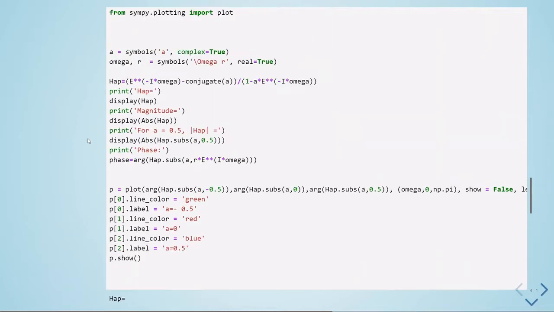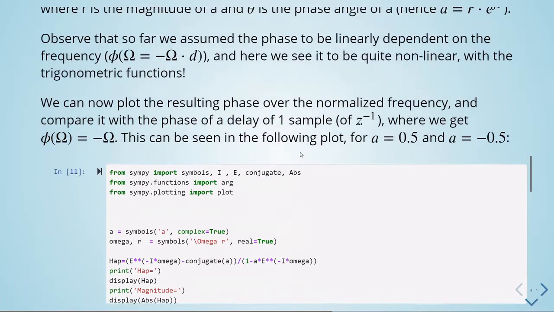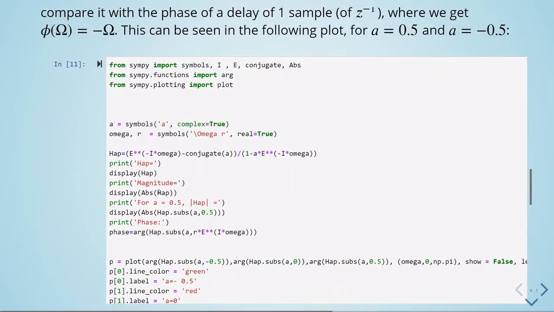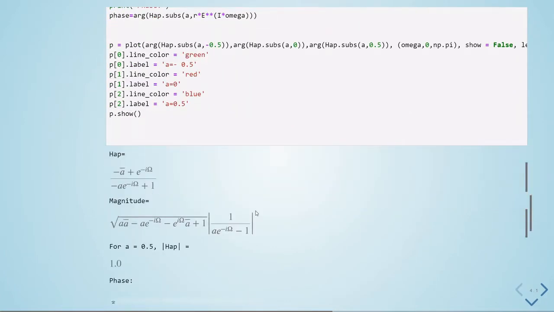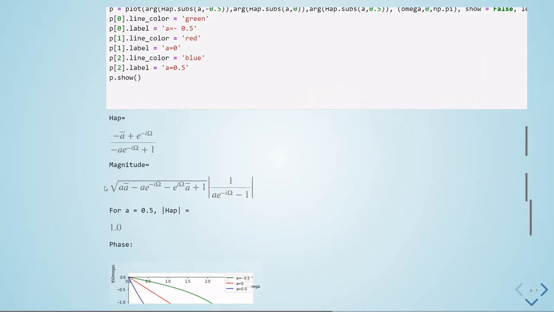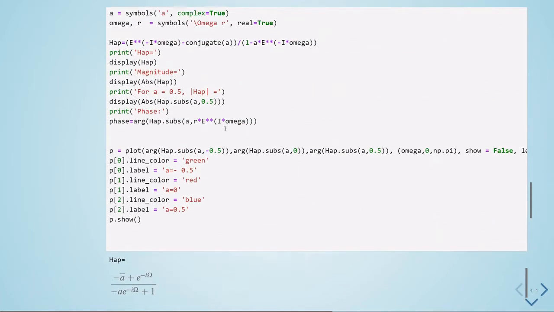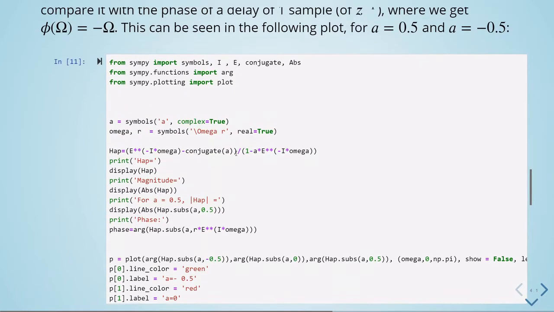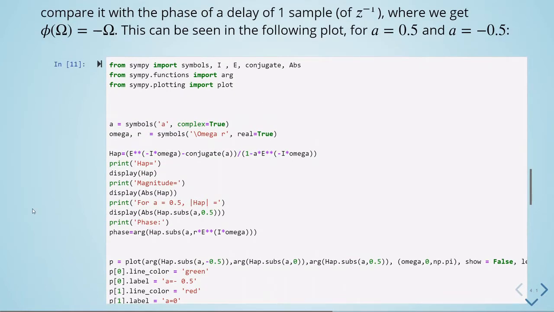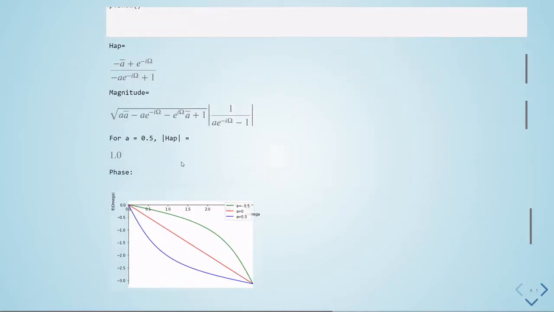And then what I'm doing, I'm simply calling this ABS here that will compute the magnitude of this. The magnitude is given by this complicated thing, but when we replace a by 0.5, this is what I'm doing here, I'm replacing a by 0.5 and it gives a magnitude equals to 1.